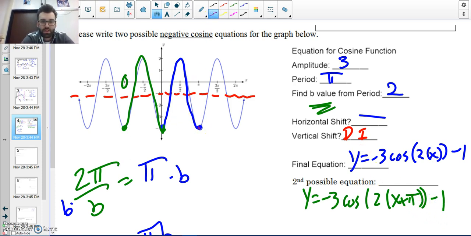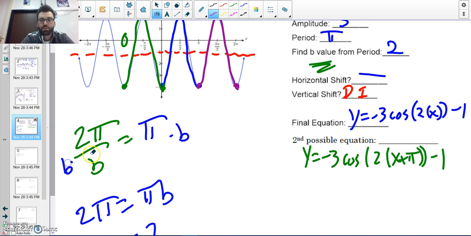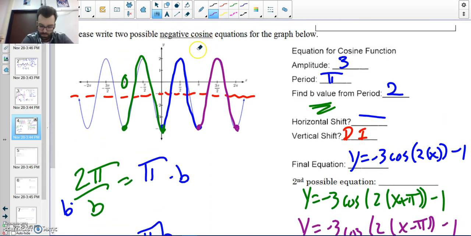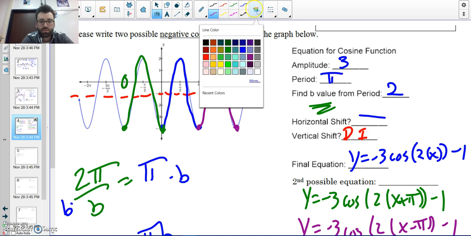Another function right here. You only have to write 2, but I'm going to write every possible answer for you. That's pi to the right, so minus pi, minus 1. Last possible one that I was able to find, let's go orange.